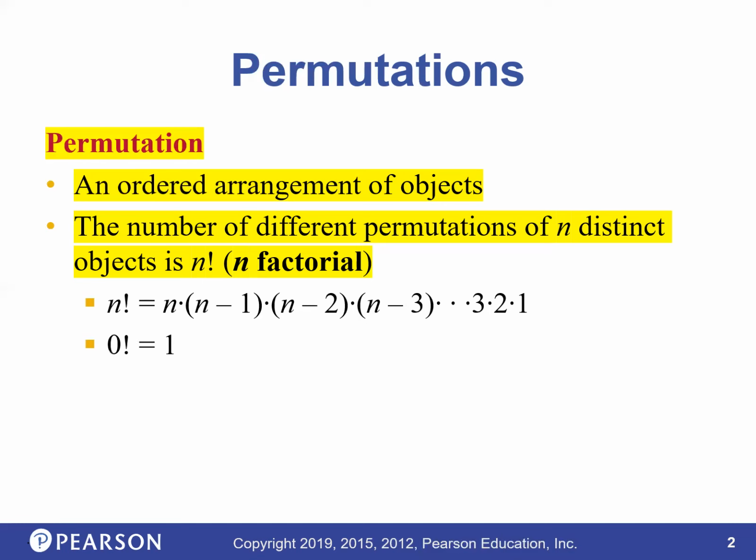All right, some examples. 0 factorial is just going to be 1. That's the only extra little definition here: when you get a 0 in there, you just have 1. So 6 factorial means you're multiplying 6 times 5 times 4 times 3 times 2 times 1. And you can see these numbers multiply very, very quickly.